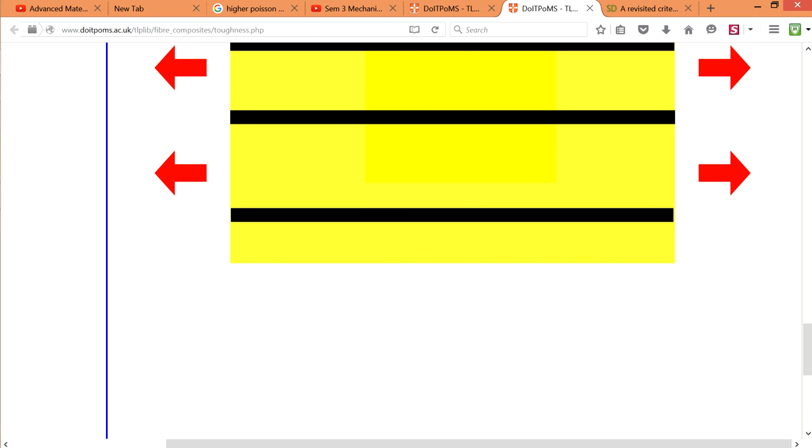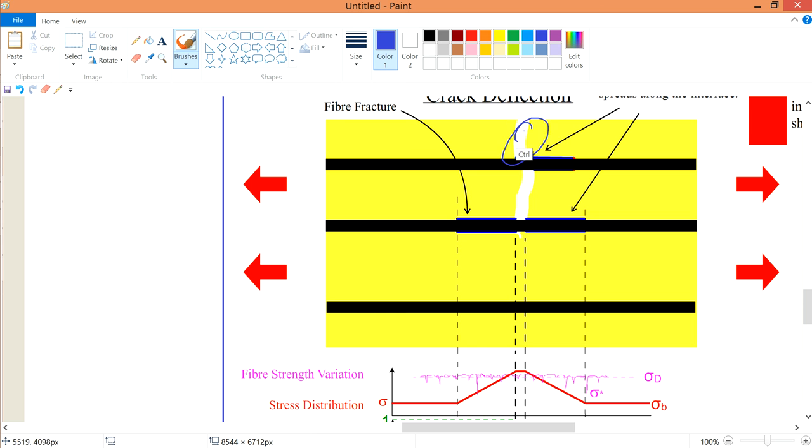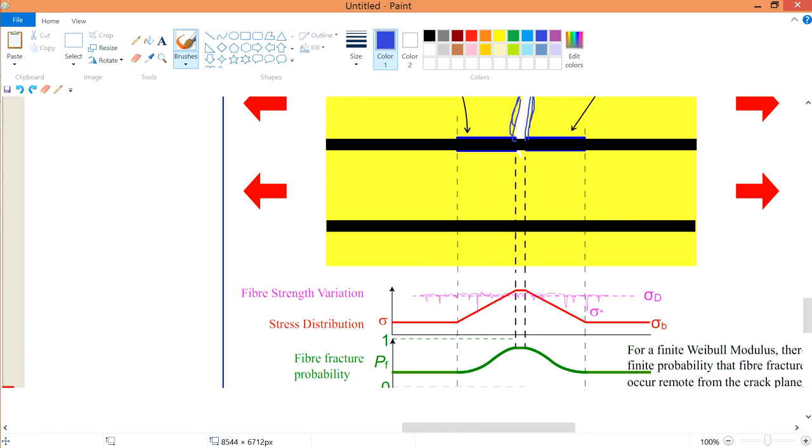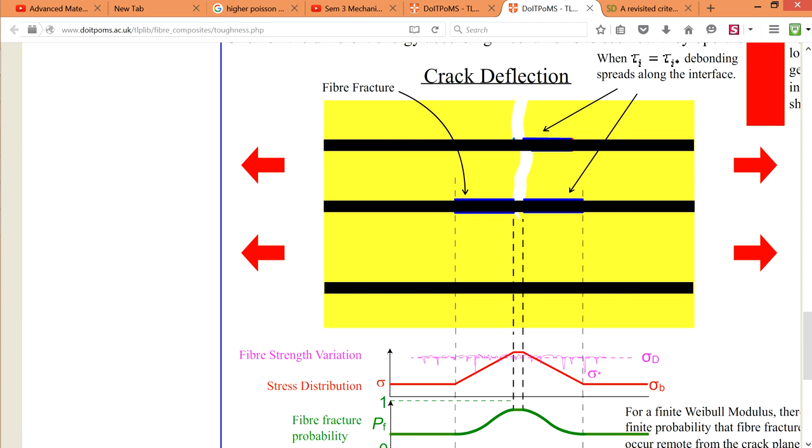If you click next, you will see that the crack will propagate. As the crack propagates, you actually break the matrix, or the bond over here, and the fiber will start to fracture. You can read the rest yourself. I will not go through it, I think it's quite deep already, but it's really a good website.